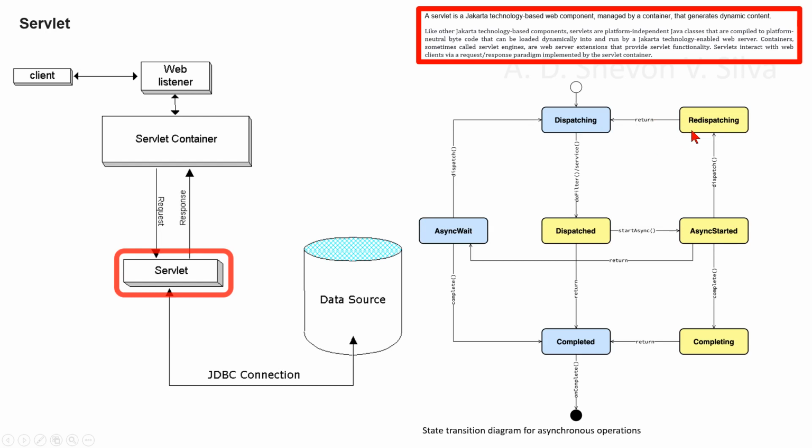Return is passed from redispatching state to dispatching, and async started is connected to completing. Complete method is passed from async started to completing, and completing is connected to completed. Return is passed from completing to completed, and completed is connected to the end, the complete.